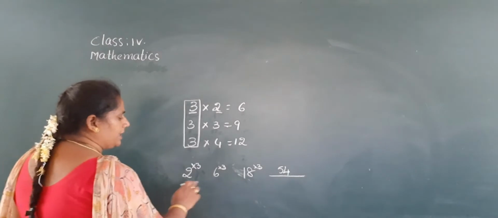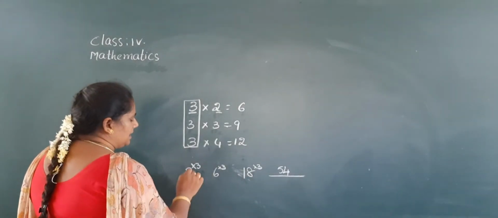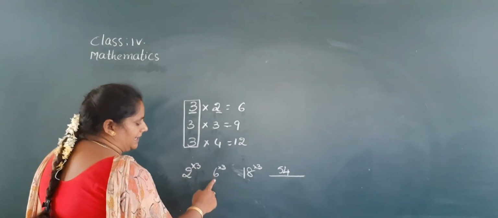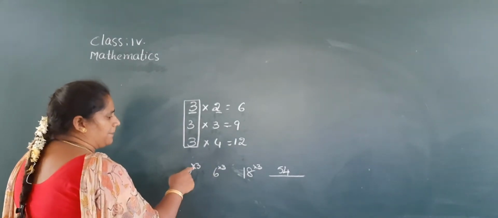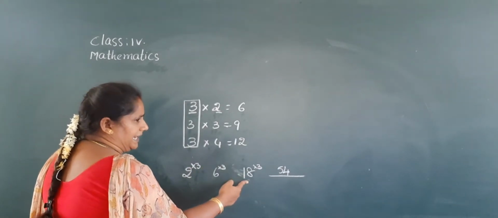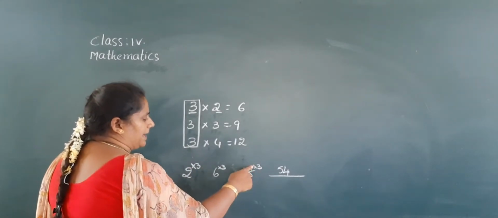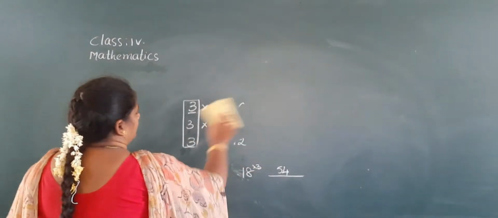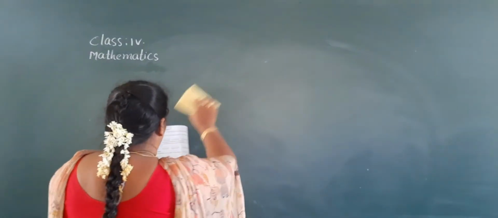Here 2, here 6, here 18. That means each number is multiplied by 3. Then only we can get the next number. If 2 is multiplied by 3, we get 6. If 6 is multiplied by 3, we get 18. If 18 is multiplied by 3, we get the next number, 54. Okay? And one more pattern we will see.